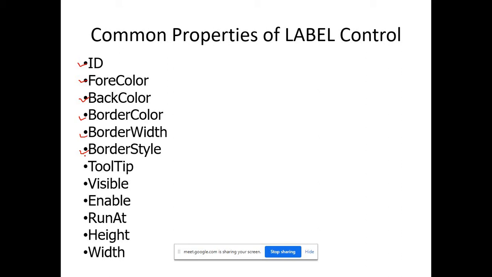If you want to set a border surrounding your label, you can use these three properties. The tooltip property shows a pop-up at runtime whenever the user moves the mouse over the label. Then the visible property, runat property, height and width. All these properties we saw in the last lecture.